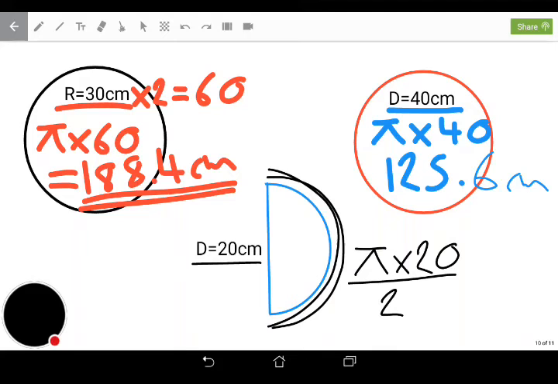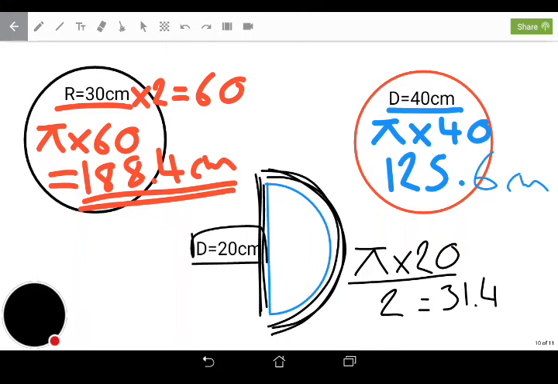So that would give me 31.4. Now that's this part here. To get this part, I've already been given it. It's here in the question. So I add 20, it equals 51.4 centimeters.